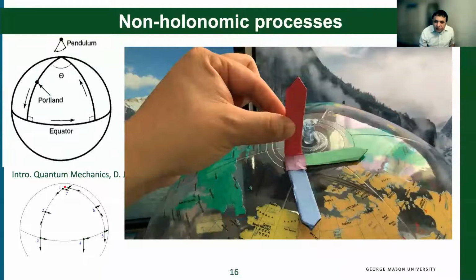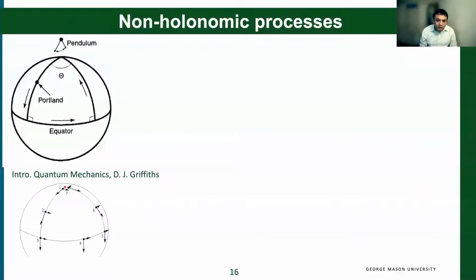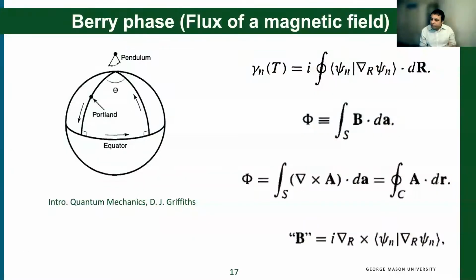And a similar thing can happen with the electrons when they move through these kinds of spin textures. And that's why I named these quantum magnets, because there is some quantum mechanical phenomena that can be generated with these magnets. So this geometrical phase, sorry to put this here. The only reason I wanted to show this equation here is to show you that this is basically the quantum mechanical phenomenon.